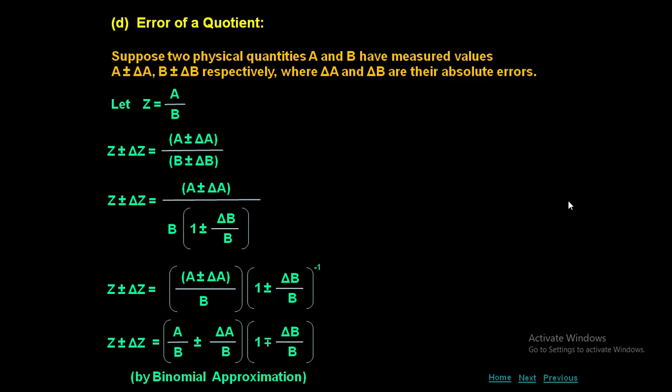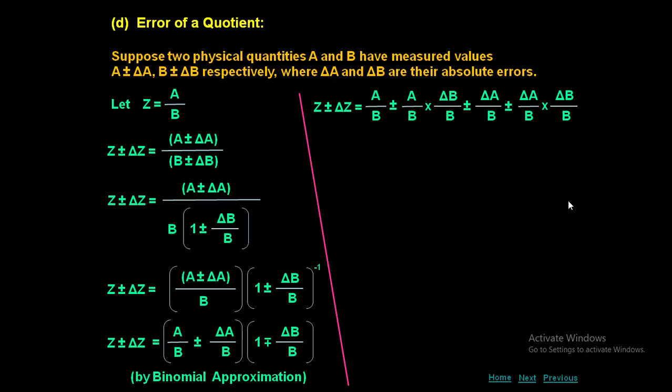I hope you have learnt about binomial expansion. Here binomial expansion is written only for one term. So 1, now what is the power here? Minus 1. Keep it in the front. So what happens to the power? Minus or plus into delta B by B. The remaining terms will be neglected.